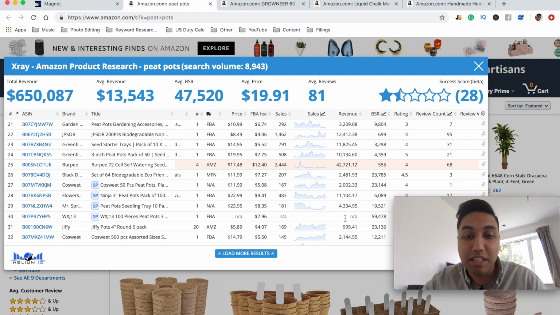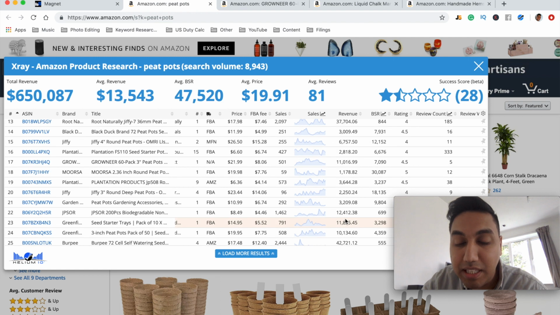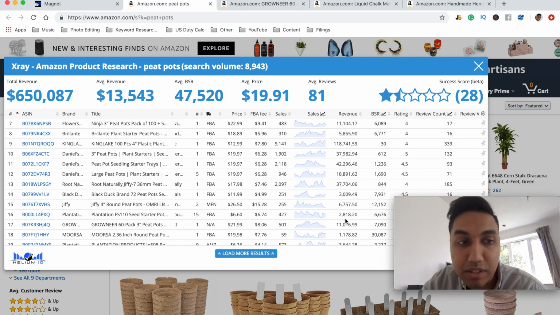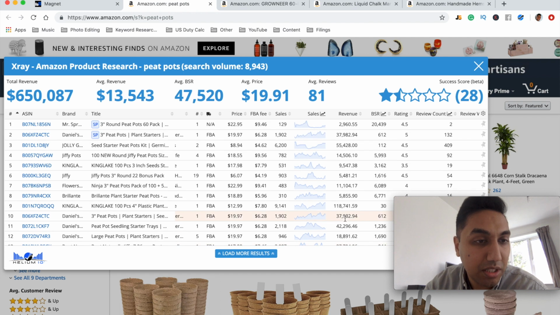It continues right down to the bottom, but I tend to like to look at the first 15 just to get an idea of what the top 15 is like, because that's the position that we want to get to, and that's the position where we will make loads of money.